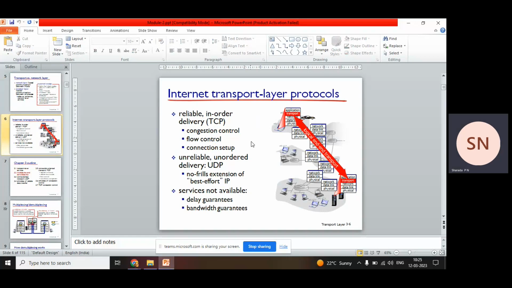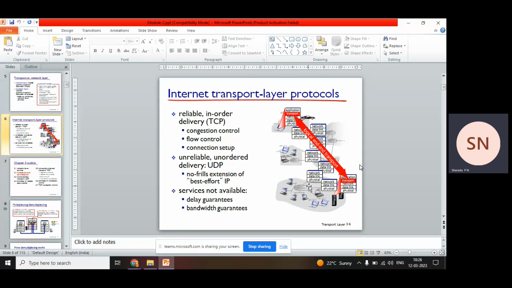First is reliable data transfer. Using flow control, sequence numbers, acknowledgements, and timers, TCP ensures that data is delivered from the sending process to the receiving process correctly and in order. Thus, TCP converts IP's unreliable service between end systems into a reliable data service between processes.